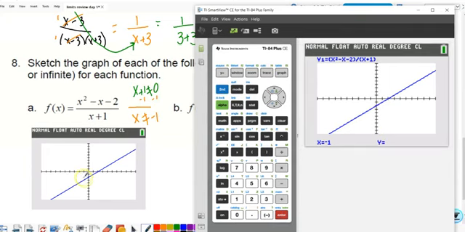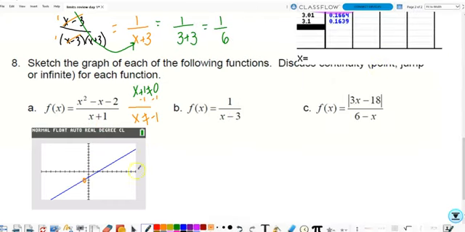Calculator is not sophisticated enough to draw you a hole. It's just not going to show it. So you have to stop and think and go, oh, there's a value that this graph is undefined at. Even though the calculator makes it look continuous, there's an undefined value at negative 1. This one's a hole. So out of the choices of point, jump, or infinite, we would call this one a point discontinuity.